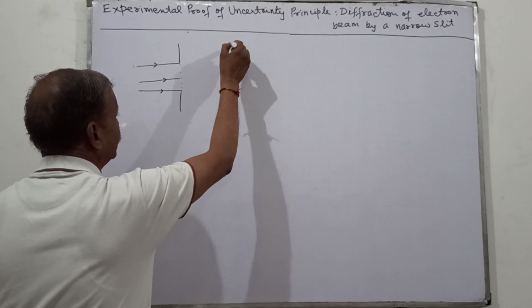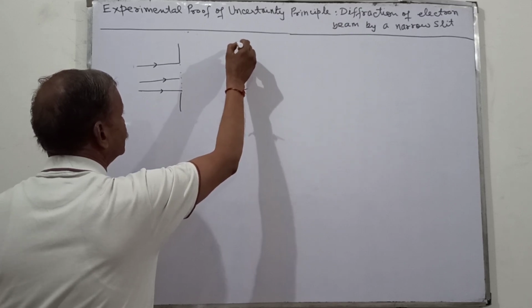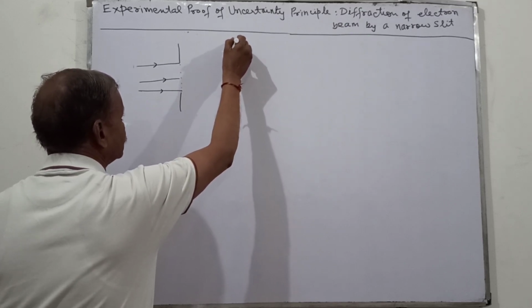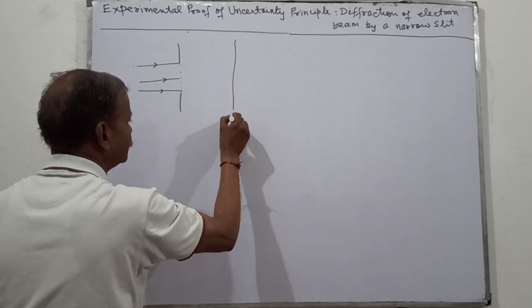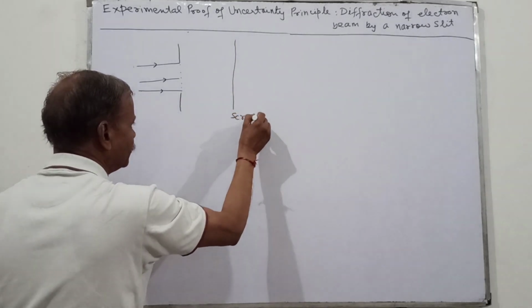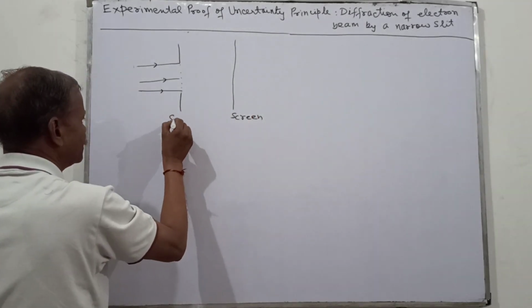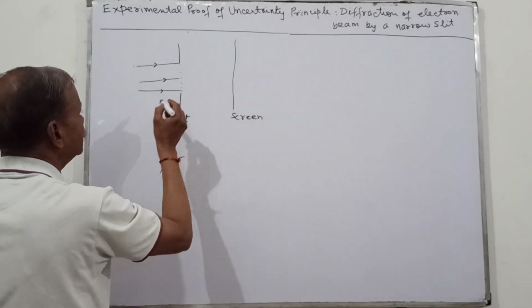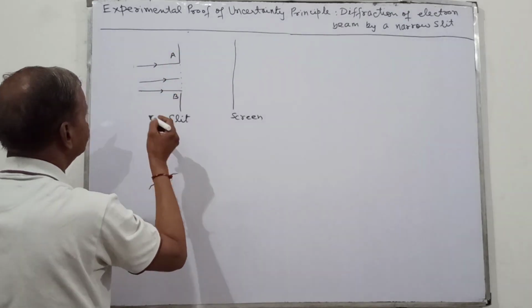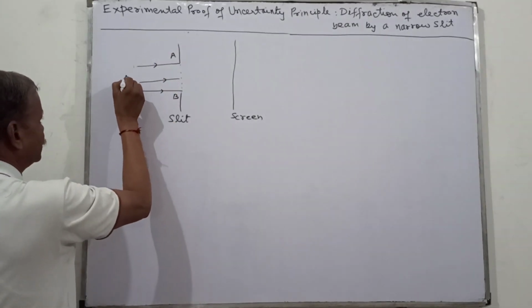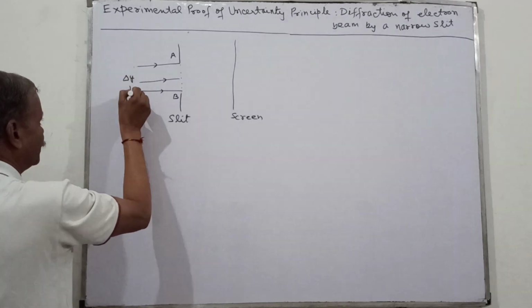And here we have the diffraction pattern on this screen. This is now slit A, B. Now the width of the slit is delta y.